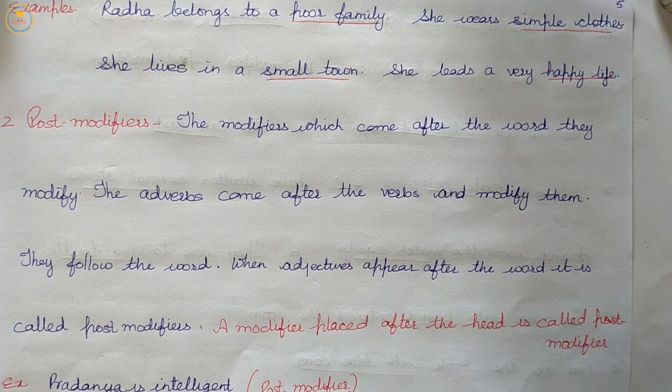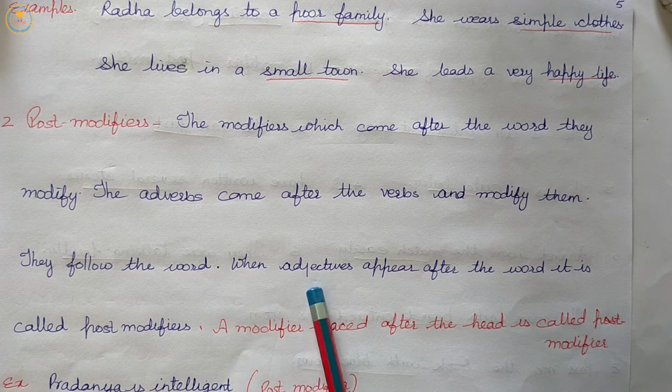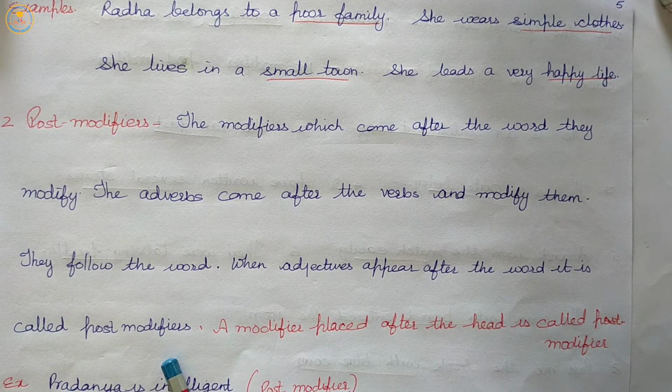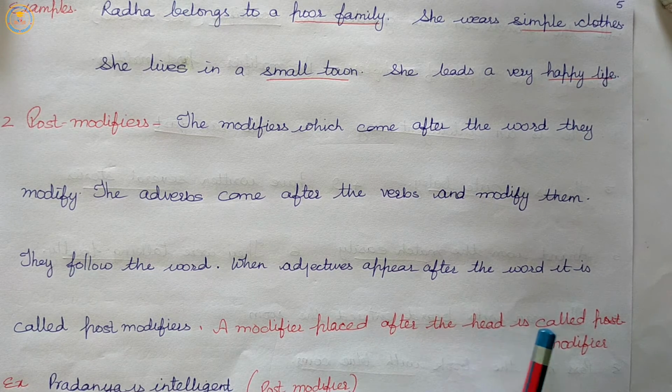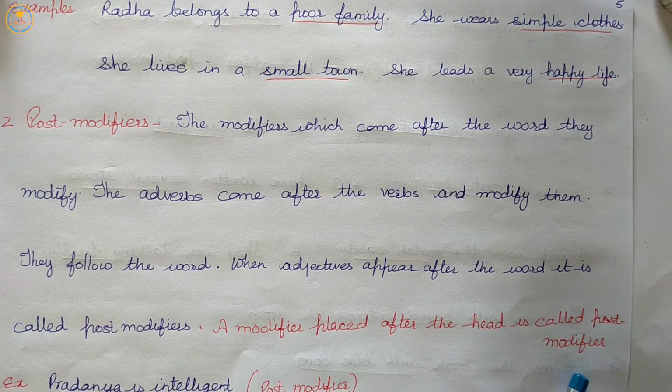The adverbs come after the verbs and modify them. They follow the words. When an adjective appears after the word, it is called a post modifier. Means a modifier placed after the head or the noun is called a post modifier.